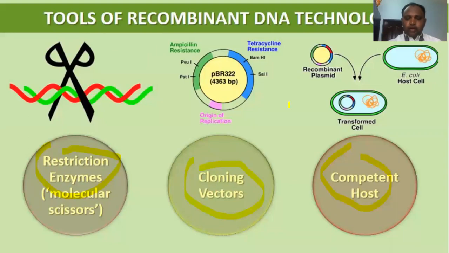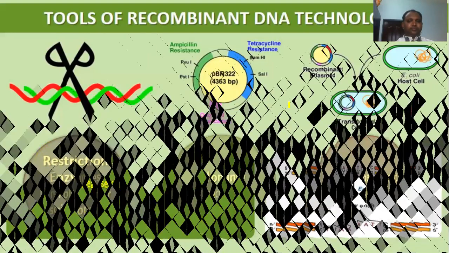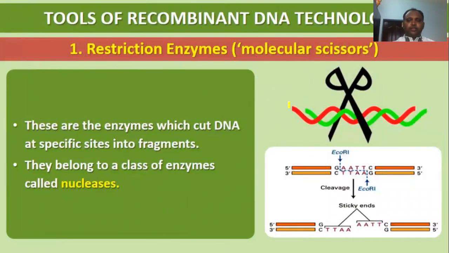So these tools are available, and we'll see them one by one. First one, restriction enzymes, also called restriction endonucleases. These are molecular scissors. They are enzymes which cut DNA at specific regions and make one linear molecule into DNA fragments.